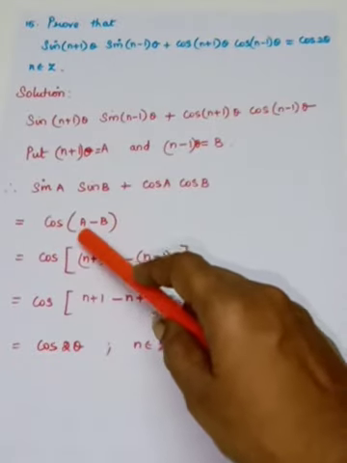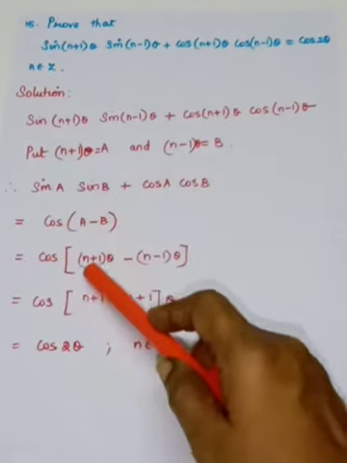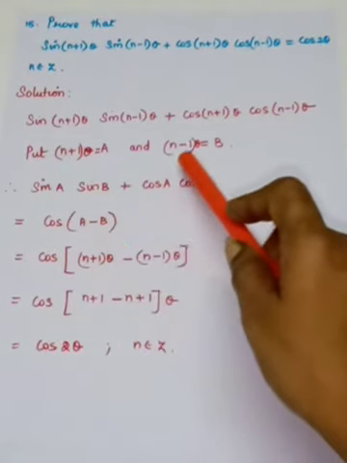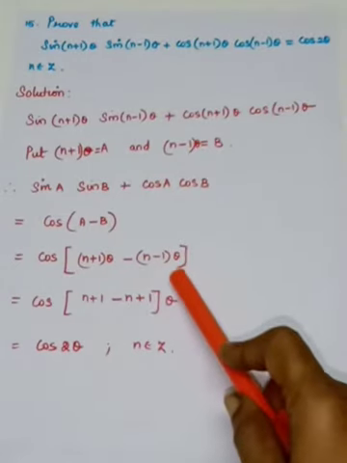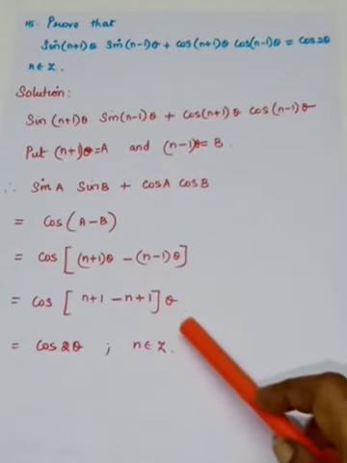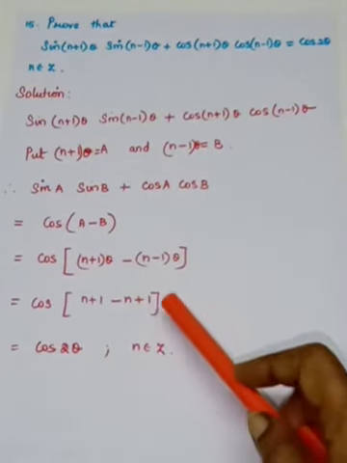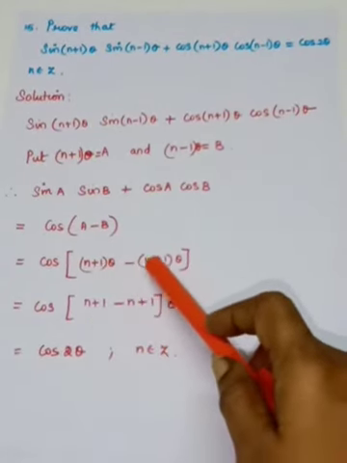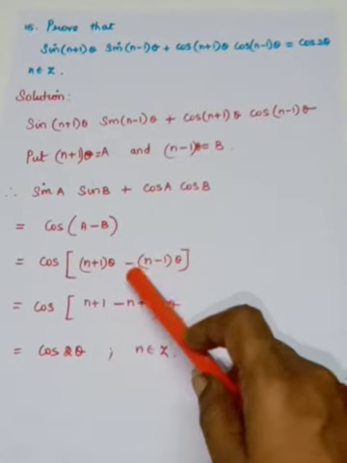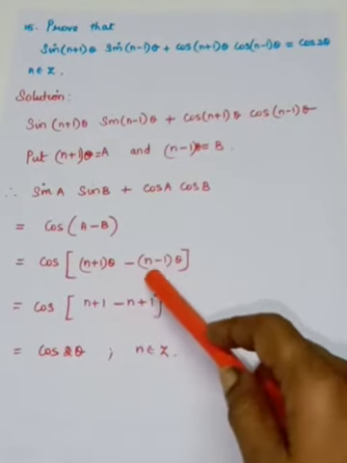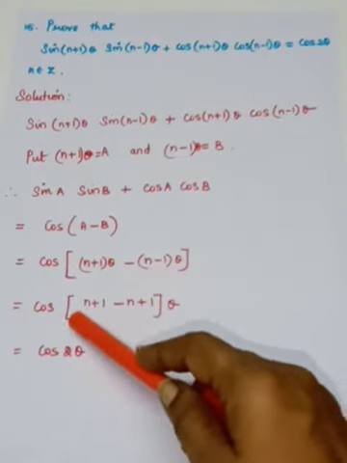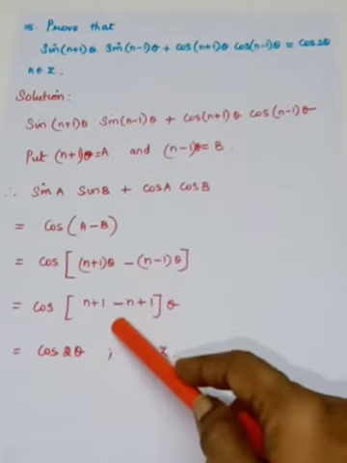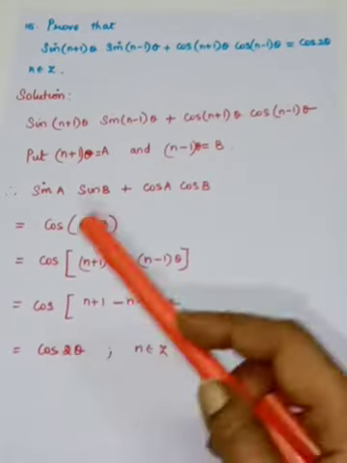Now you substitute what is A. A is what? (n+1)θ minus what is your B? (n−1)θ. Okay, θ is common, so I have written it out. So here it is n plus 1. If you apply the minus to n minus 1, it is minus n plus 1. So n and minus n get cancelled. What is 1 plus 1? That is 2. So you are getting cos 2θ.